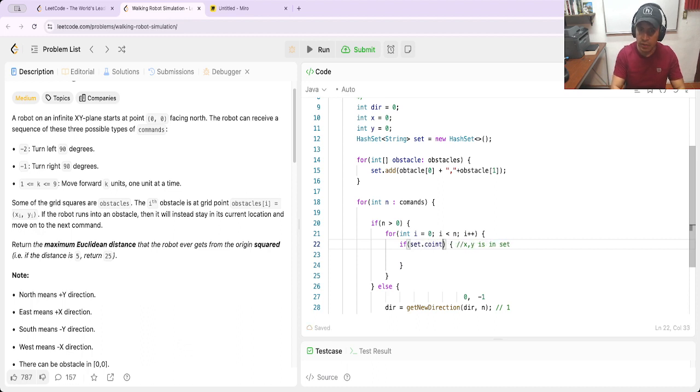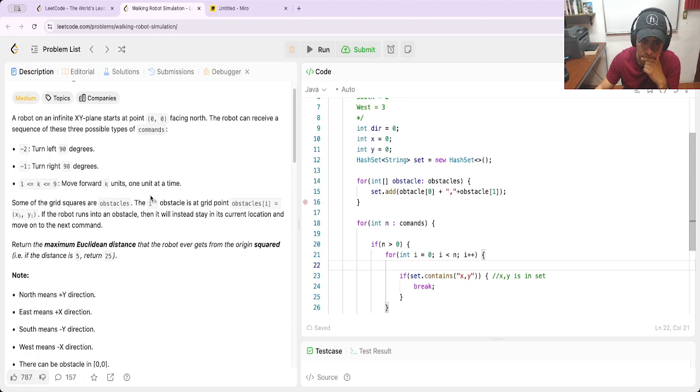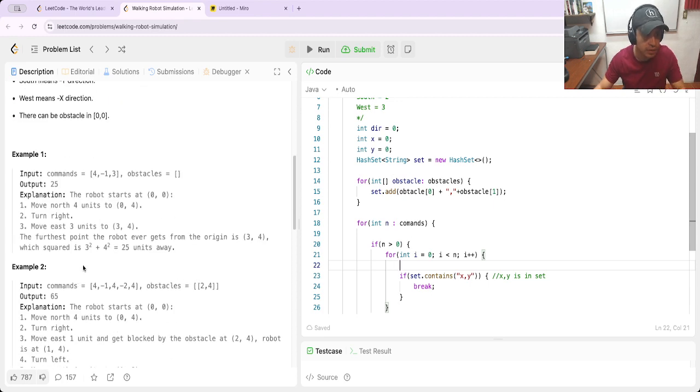Here's a set that contains, let me write only with this as a symbol, and basically it's only break. Okay, but now how to create this x and y? X and y, we have this, but here for example, the first time, let me copy this.